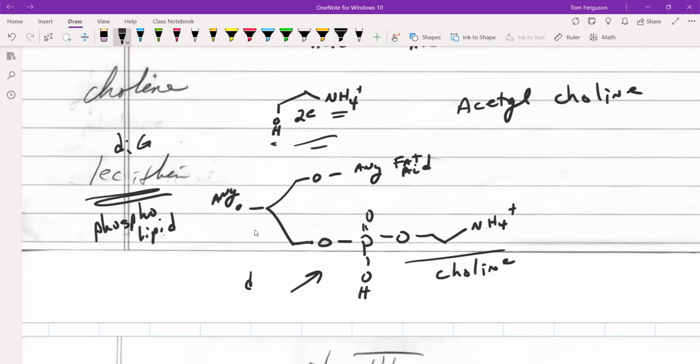This is a diester, phosphate diester. So that's what lecithin looks like. So it's a 3-carbon backbone. It's got 2 fatty acids. Usually they're common ones like oleic acid or linoleic acid, something like that, or stearic acid, the saturated one. And then it's got this phosphoric acid ester linking the choline to the backbone.